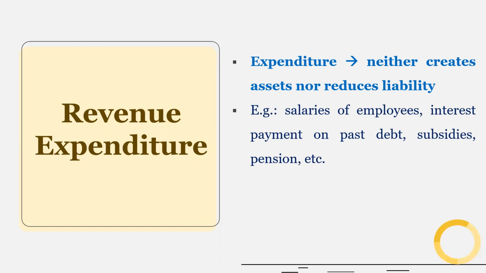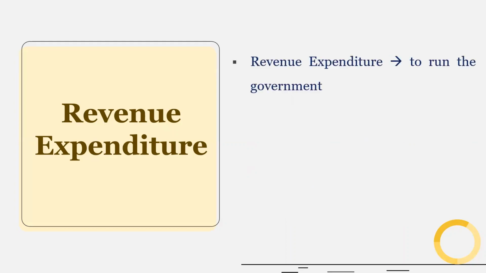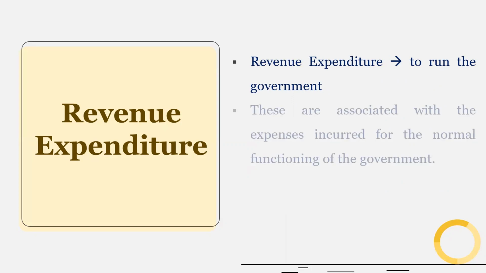So this kind of expenditure does not create any asset or reduce the liability. And these expenditures are financed out of revenue receipts. So revenue expenditure is the expenditure to run the government. These are associated with the expenses incurred for the normal functioning of the government.